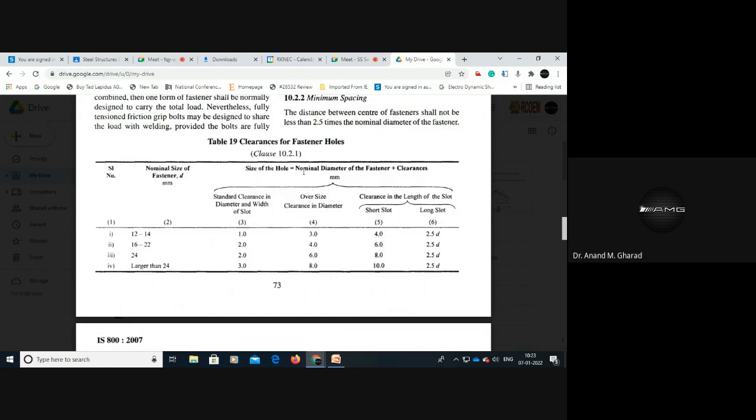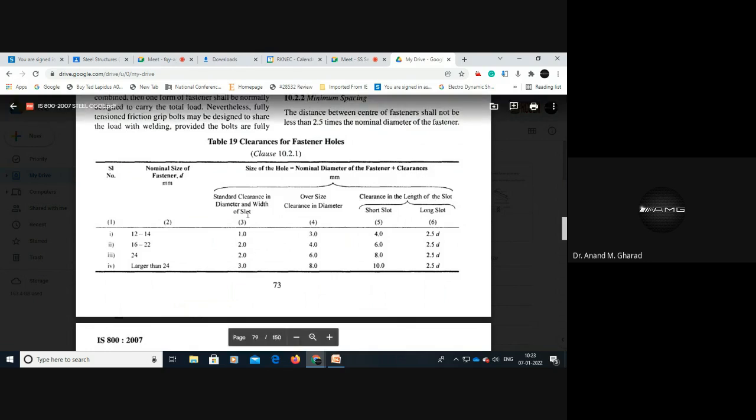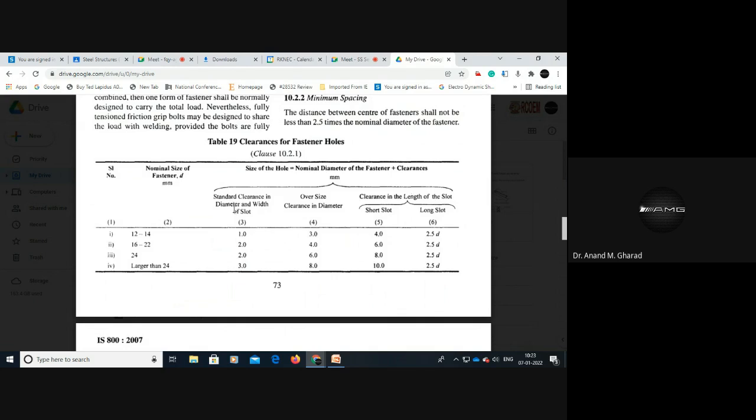And what it says: size of the hole is nothing but the nominal diameter of the fastener plus clearances. So these values are nothing but clearance values. The third column says standard clearance in diameter and width of slot, oversized clearance in diameter, clearance in length of the slot, short slot and long slot.